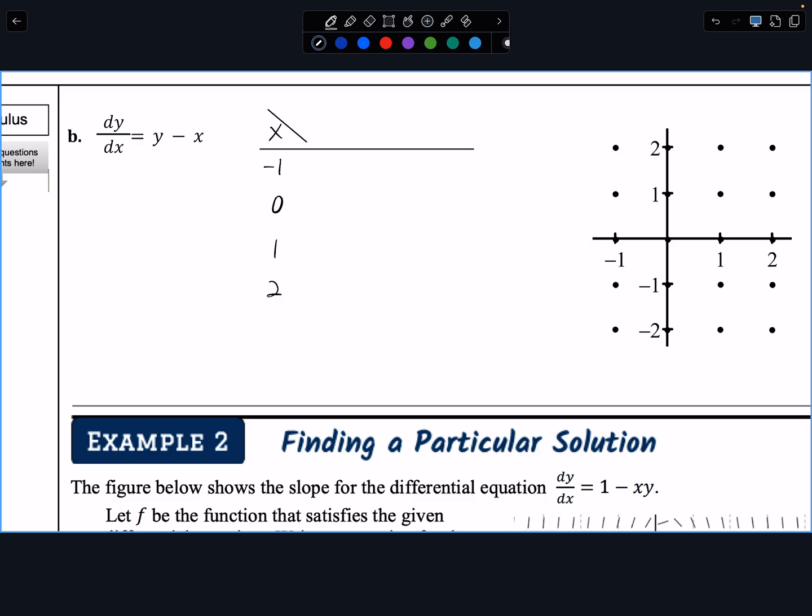But then, where does the y-axis start? -2, right? Do you see how there are more values for y than for x? So we can't make a traditional XY table that we're used to. This is how I'm going to do it, and I'll explain what I mean. I'm going to put a y right there, and then go -2, -1, 0, 1, and 2. And then I'm going to make my table like this.